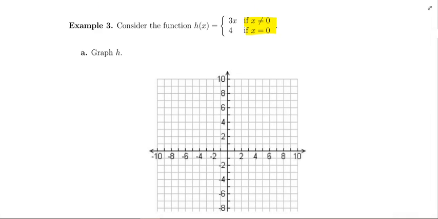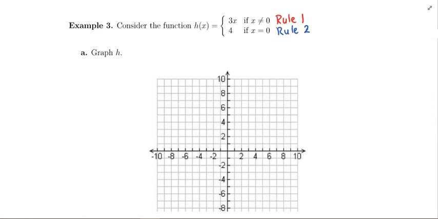Okay, so let's think about what this is saying. There are two rules, so I'll go ahead and label them. This is rule 1, and then this is rule 2. Basically, rule 1 holds most of the time, almost always.